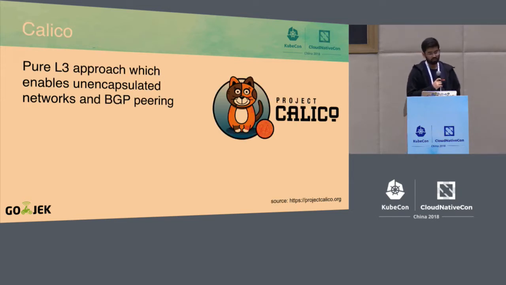Second is Calico. Calico is a L3 approach for using CNI. It also provides default support for BGP, and it also provides native support for network policies. Not all CNI plugins do.